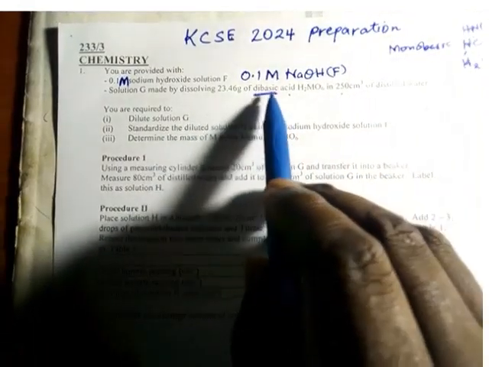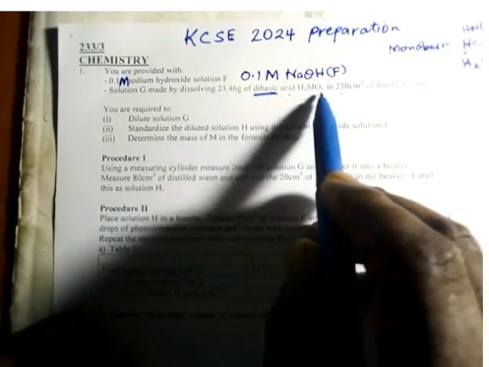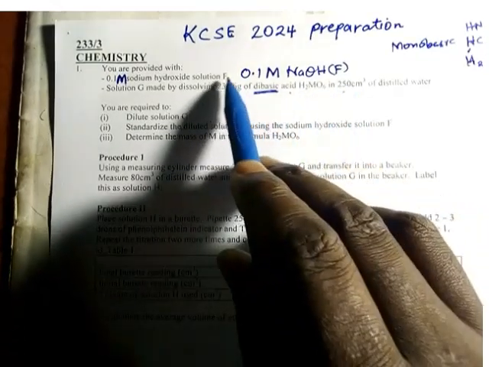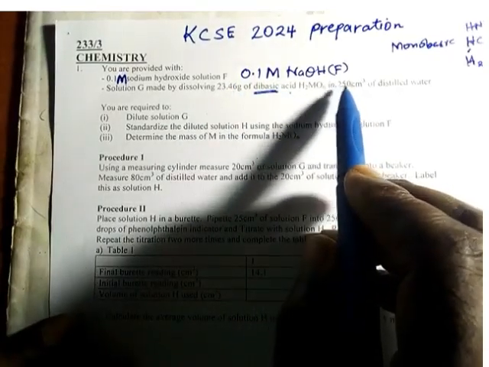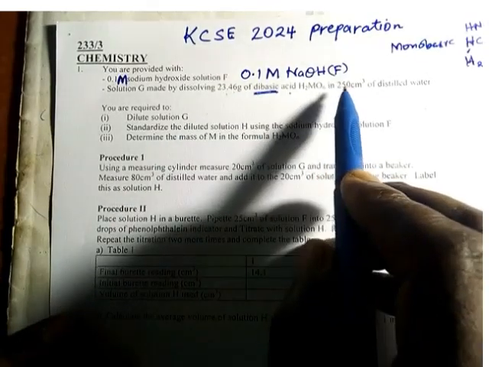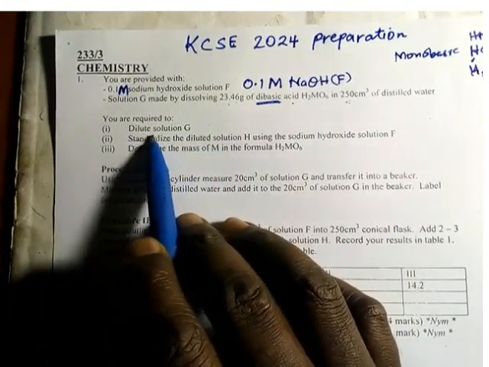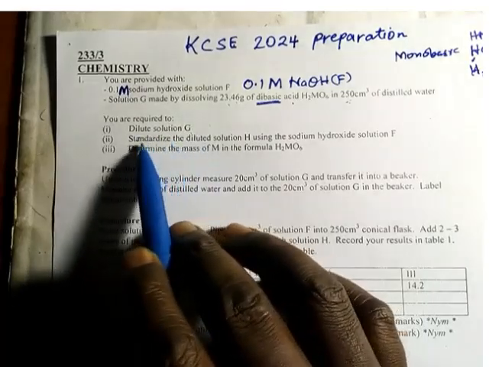So 23.4 grams of the dibasic acid was dissolved in 250. Very important that this mass is in 250 centimeters cube, not in 1,000. So you are required to dilute solution G, to standardize that.